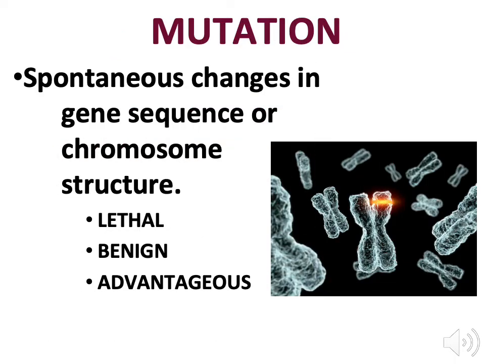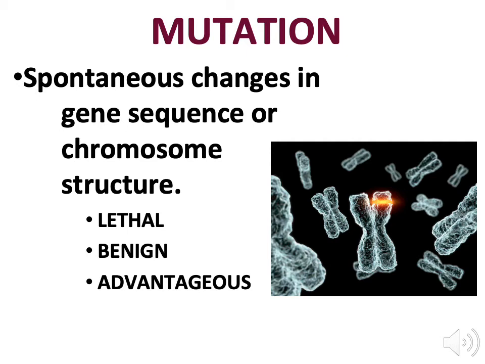We already mentioned mutation as the source of all new genes. And the fact of the matter is mutation is any change in a gene sequence that will ultimately create a change in a protein, a modification of protein. And sometimes the change in the modification in that protein might be to the organism's benefit, might be to the organism's detriment, or might not have any effect at all.